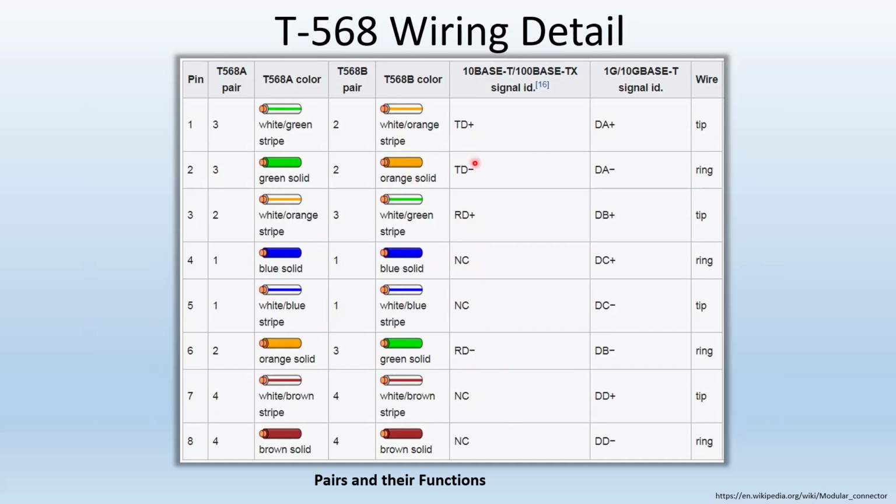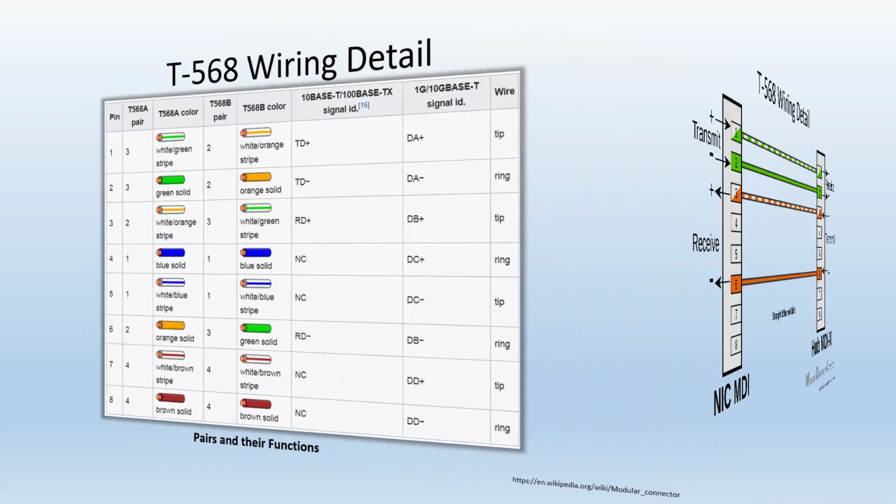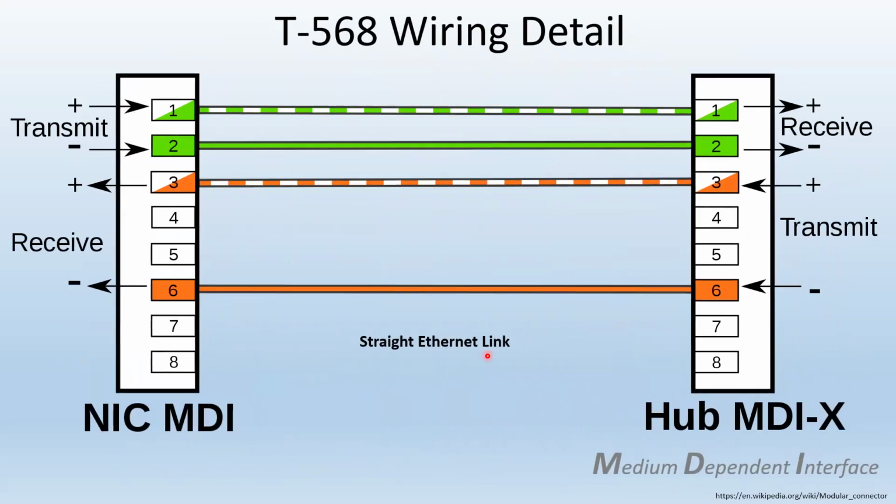And some of them are going to be transmit and receive pins. Which is transmit, which is receive? Well, that depends on which end of the cable you're looking at. This is Cat5e. Some less expensive cables, patch cords, you're going to see with just those green and orange pairs, and the blue and the browns will not even be there.